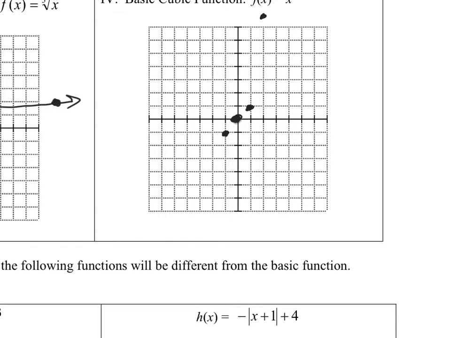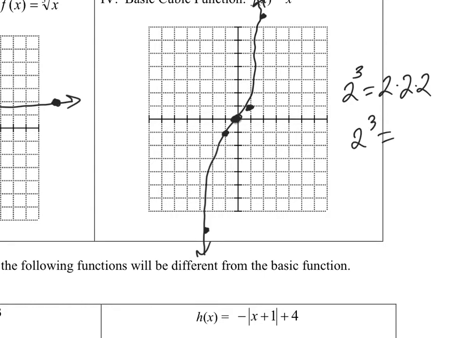And when x is negative 2, y is negative 8. So you're saying, Coach Mims, why do you keep saying 8? We know 2 cubed is 2 times 2 times 2. 2 times 2 is 4, times 2 is 8. So 2 cubed is, in fact, 8.